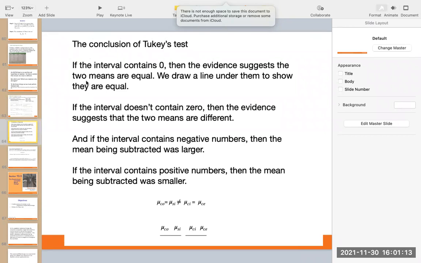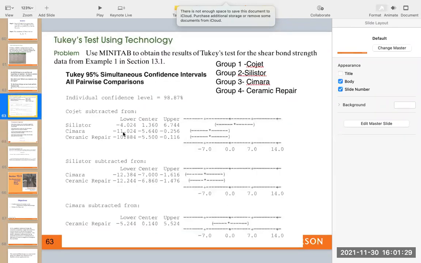I just wrote this out to help you guys, but here at the bottom is how they like to write it. We said earlier that the mean of the courgette was equal to the mean of the Silomar, double checking, because the courgette and Silomar contain 0 in that interval.